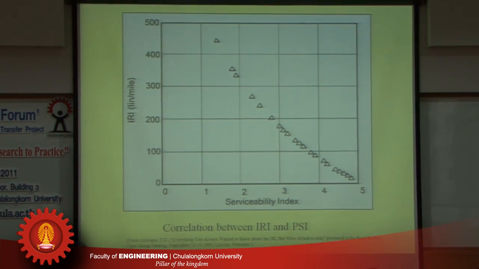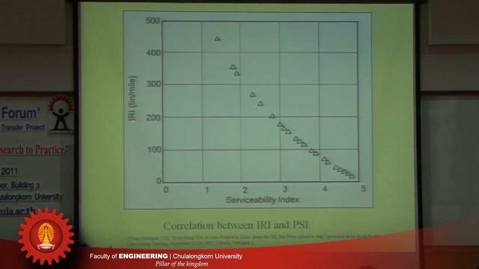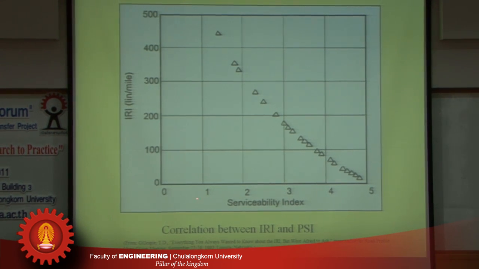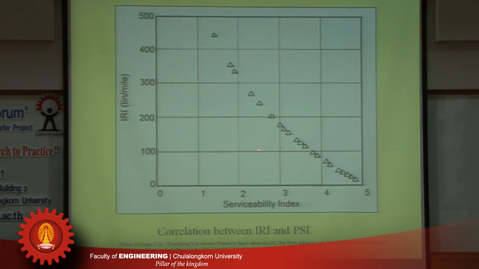Okay, this is a plot showing the relationship between IRI and the present serviceability index. So the longitudinal profile is used to calculate the ride number, which is related to serviceability index. It's also used to generate the IRI, but there's some relationship. I must point out that this relationship is not unique. What I'm showing here is just a relationship for this set of data. For a different set of data, the relationship may be slightly different, okay?